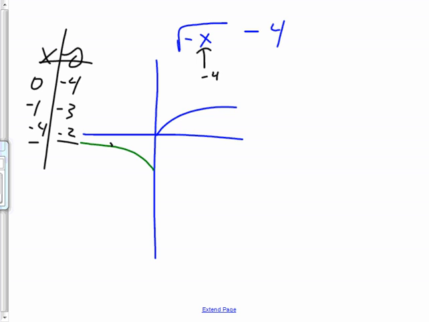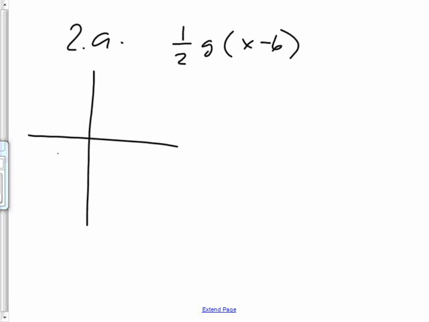Okay, moving on. Next one is 2B as in banana. Oh, I changed it to 2a. You're right. 2a. Sorry. 2a was 1/2 g of x minus 6. Well, it looks to me like that squiggly shaped thing, which was like this in the first place, needs to go where?